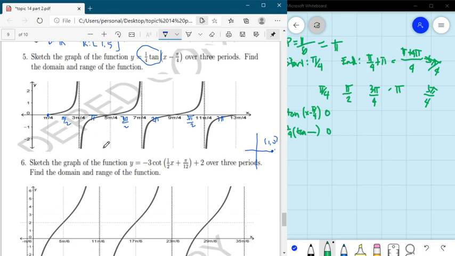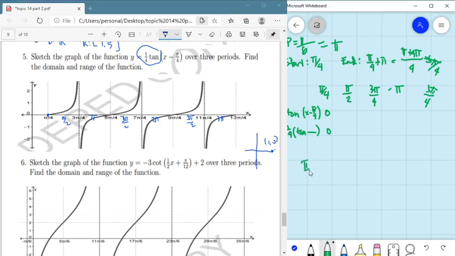So, next we have pi over 2. Pi over 2 minus pi over 4 is 2 pi over 4 minus pi over 4, we have pi over 4.